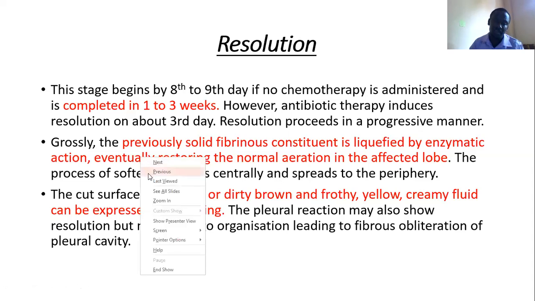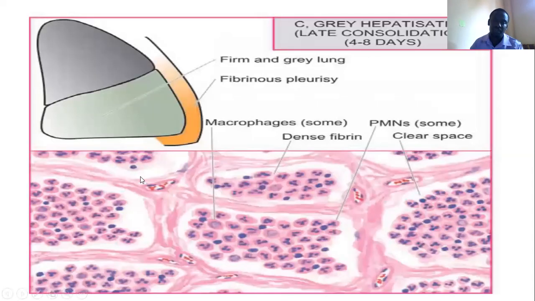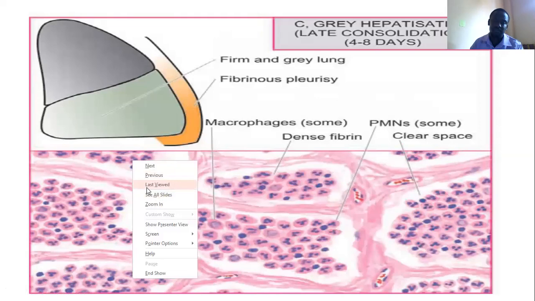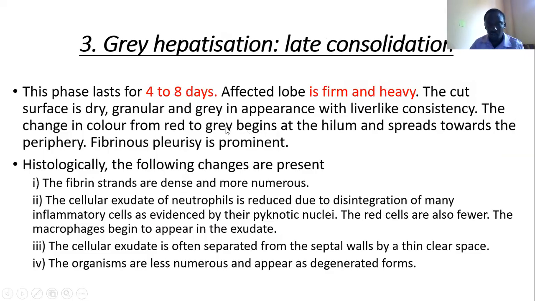Let us go to the previous slide, sorry. Here we have a change of color from red to gray. It begins at the hilum and then spreads towards the periphery.